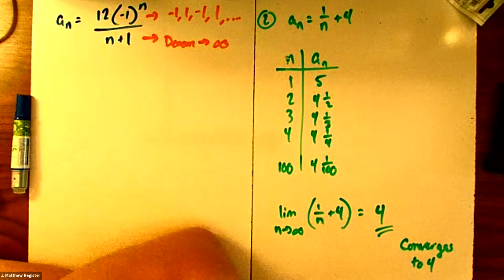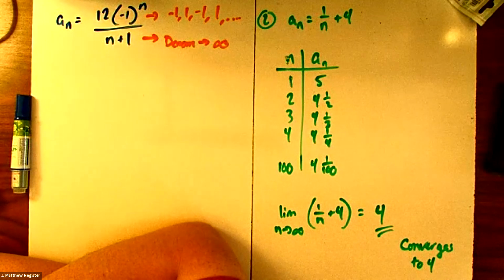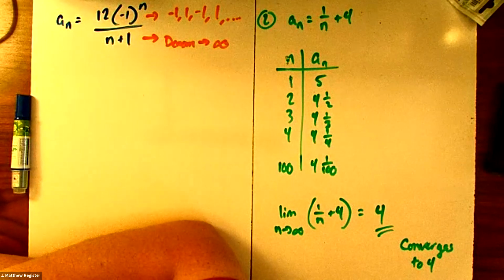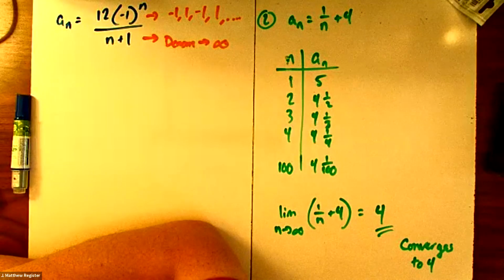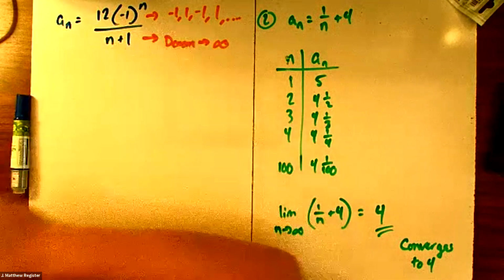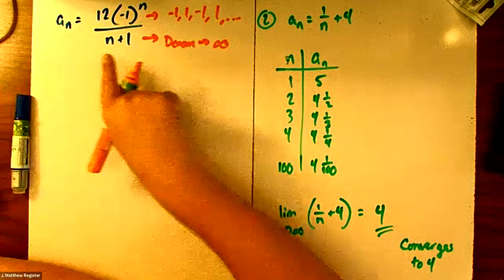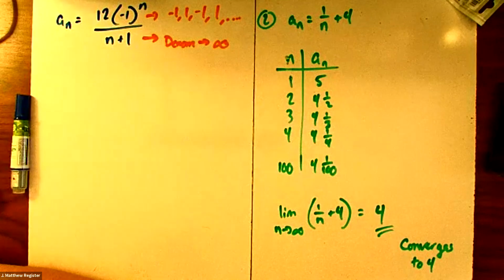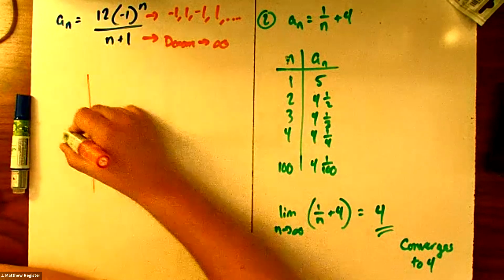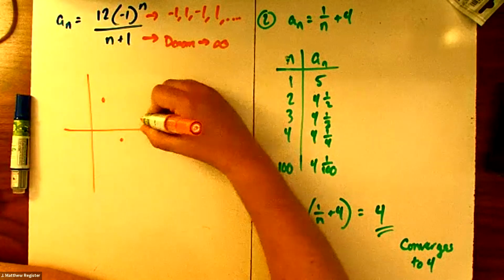As our denominator gets larger and larger, this is going to become a fraction with a much larger and larger base. So looking at this 12 times -1 to the n, the -1 to the n might be oscillating, but this denominator is going to get huge. And so if we were to think of the graph of this, it might look something like this.